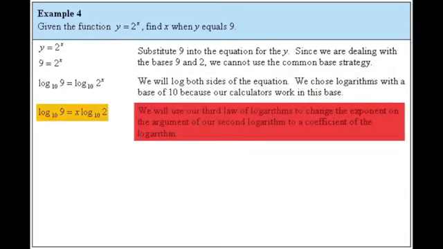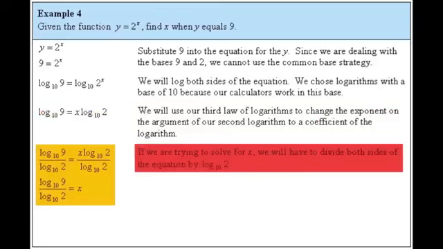Now what we're going to do is use one of our laws of logarithms, specifically the third law, where you can take the exponent of the argument and express it as the coefficient of our logarithms. That's how we were able to change log base 10 of 2 raised to the x to x log base 10 of 2.